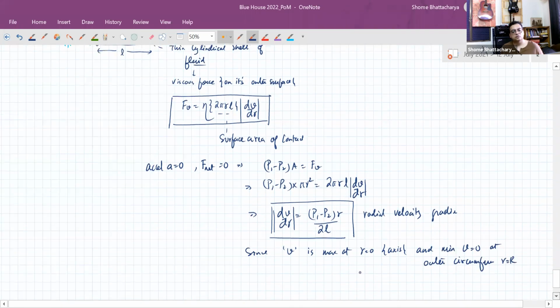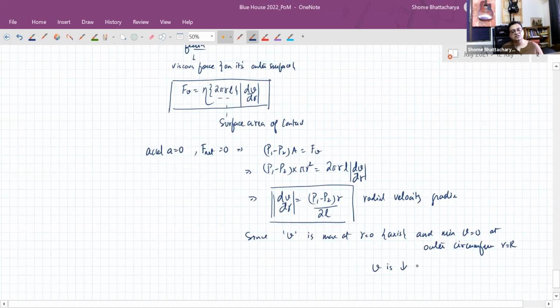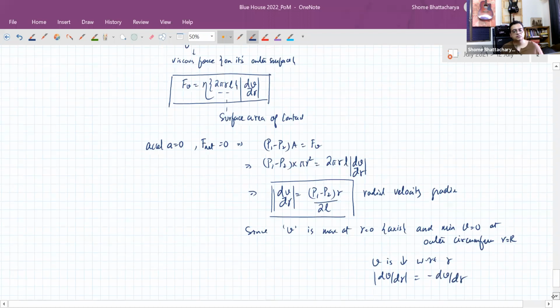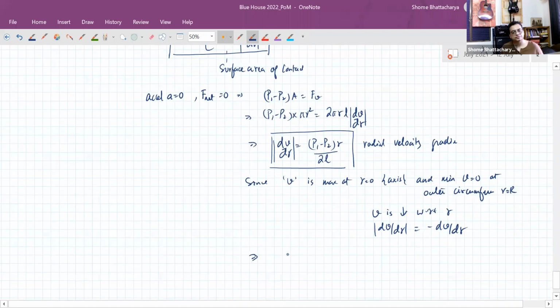Therefore, V is decreasing with respect to R. So mod of dV by dr is actually minus of dV by dr. So the proper relation for the radial velocity gradient is that minus dV by dr is equal to this kind of a constant into R. What this shows us is that the velocity gradient is directly proportional to R. So that means V should be what kind of a function?